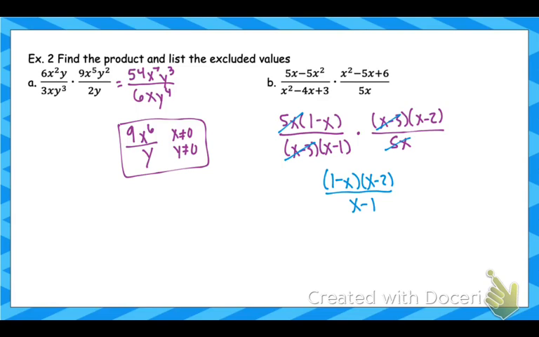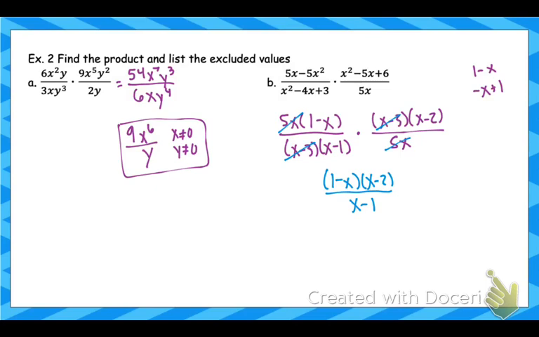Okay, so at this point, it may look like you're done. This one's really tricky. We need to be careful. So what you can actually do here, 1 minus x is the same thing. Let's take that negative and factor out that negative. Let me rewrite this as negative x plus 1.